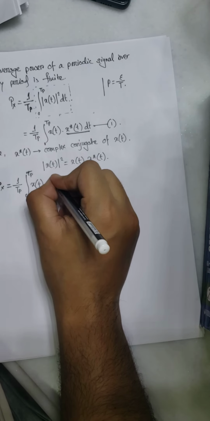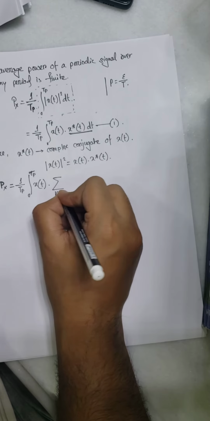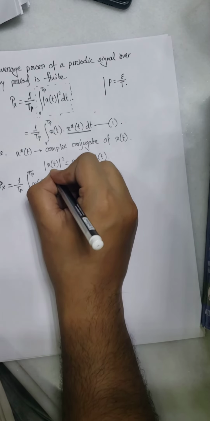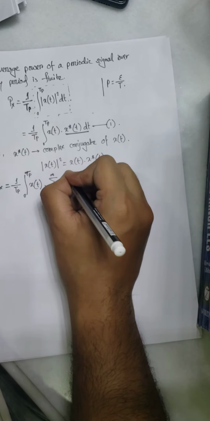So the Fourier series expansion will be a running sum where k goes from minus infinity to infinity, the coefficient ck.